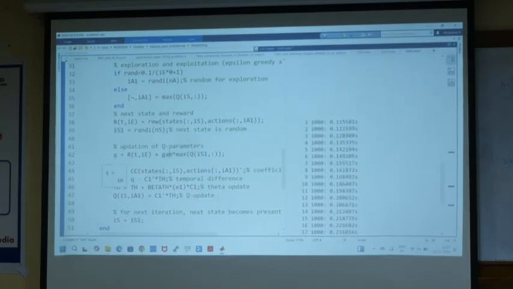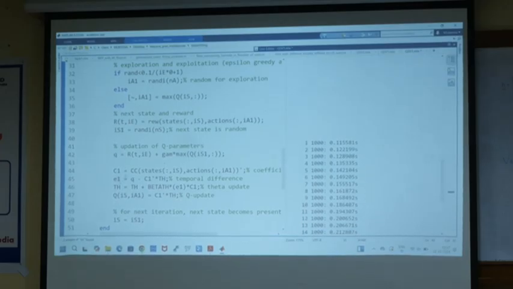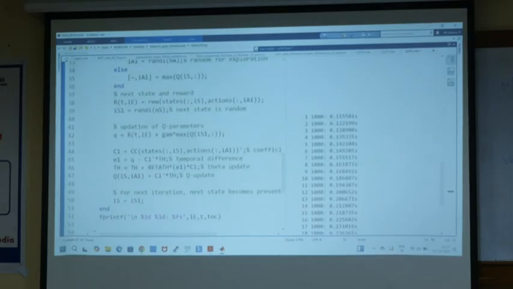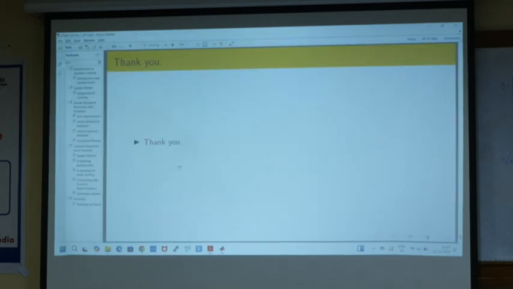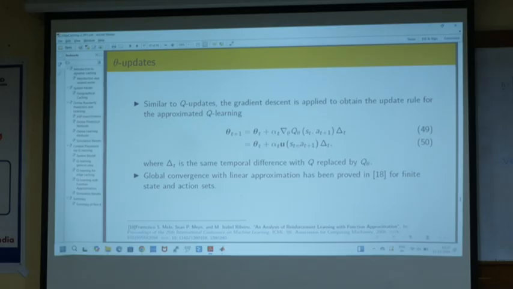So this is the Q value. This is part of the update equation. And I calculate this, so this is just the update equation: theta equals theta plus the learning rate and this error that I represented in terms of delta in the equation. I represent it in terms of this delta, this u into delta, and this thing is beta here, and this is delta.